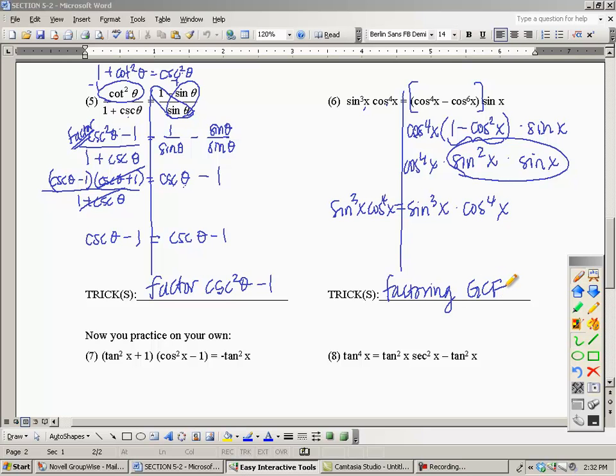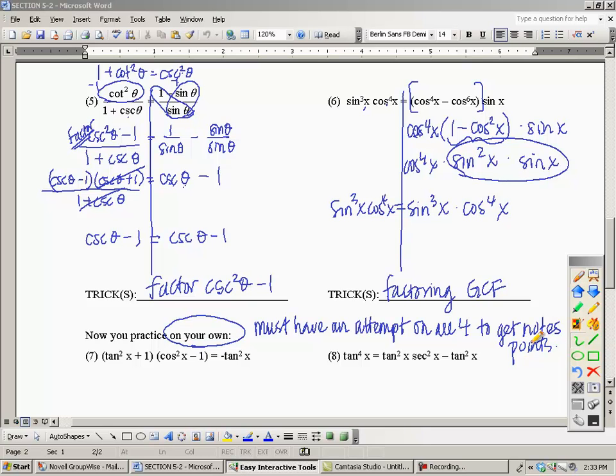Now, here's what I'm going to do for the next couple. It says practice on your own, okay? In order to get the points for your notes for this section, you must have an attempt on all four. On all four to get notes points.